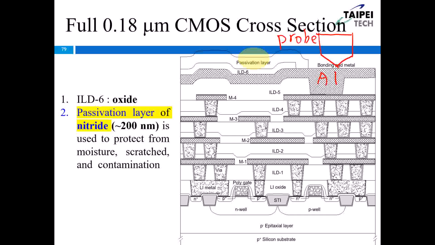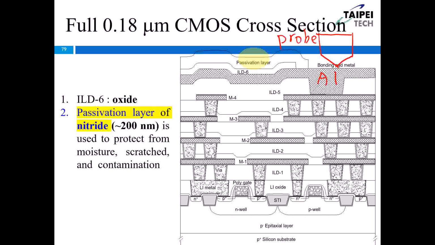But of course, this is after all of the chip is finished. In truth, after we fabricate the transistor, we will do the measurement. And maybe after metal 1, we do the measurement again. After metal 2, we do the measurement again.